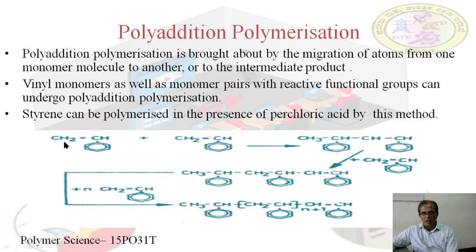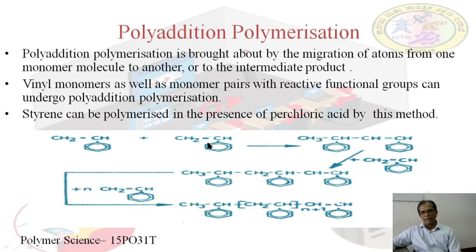This is the styrene molecule, styrene monomer, one molecule of that. This is another molecule of styrene, which is also called vinyl benzene. These two will react like this.